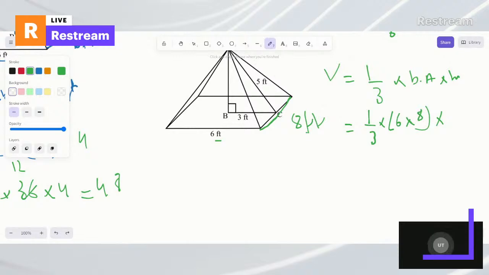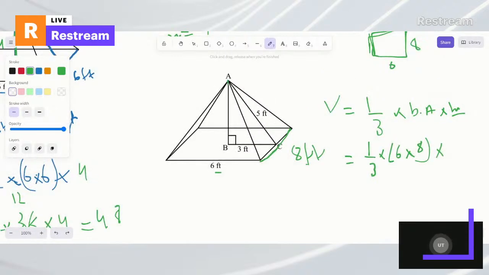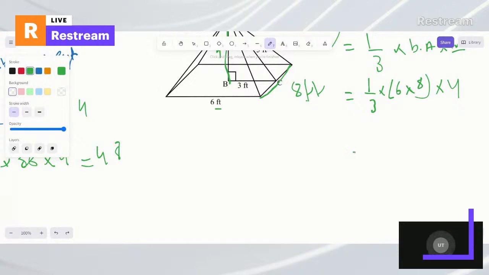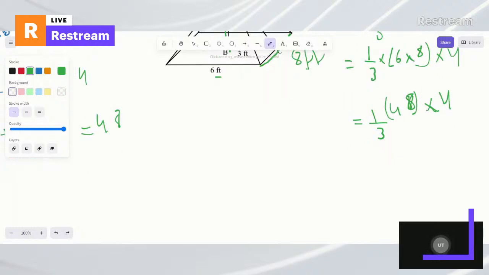48, right? So we're going to use that value, and because we've calculated the height in the previous question, it's going to remain the same. So the height would be 4, right? So the only thing that differs is the base area. So it's going to be 48 times 4 divided by 3.